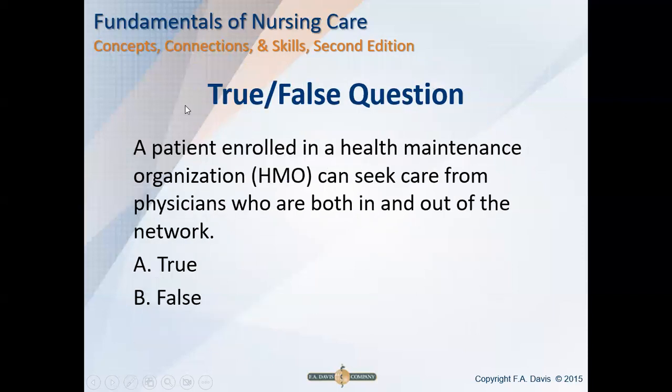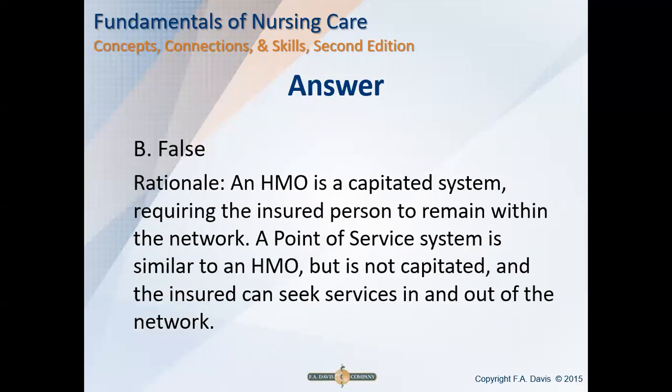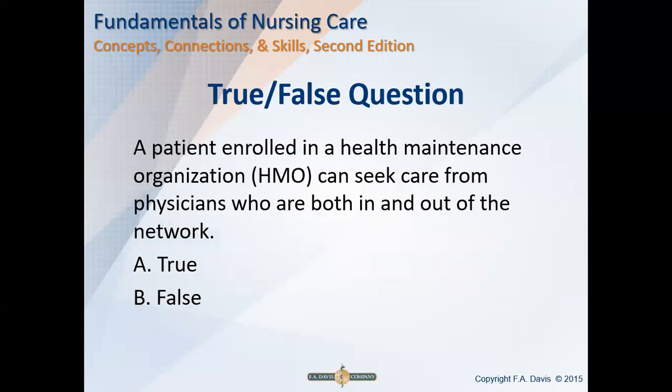Now one of the questions: a patient enrolled in a health maintenance organization can look for care from physicians who are both in and out of the network. Is it true or false? What do you say? It is false. Why is it false?